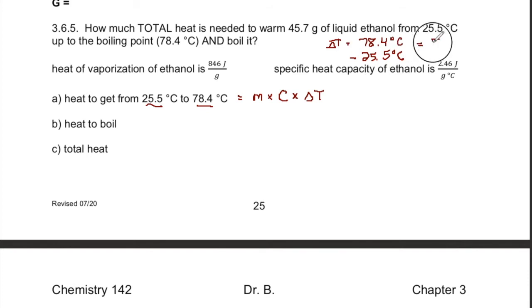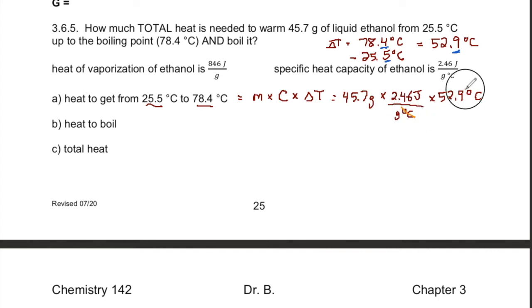So I'll write it over here, 52.9 degrees Celsius. And we can keep it one past the decimal, so we can keep all three significant digits. So we'll multiply the mass times the specific heat times the change in temperature. The degrees Celsius and the grams both cancel, and we are left with joules. My calculator tells me 5,947.1238.